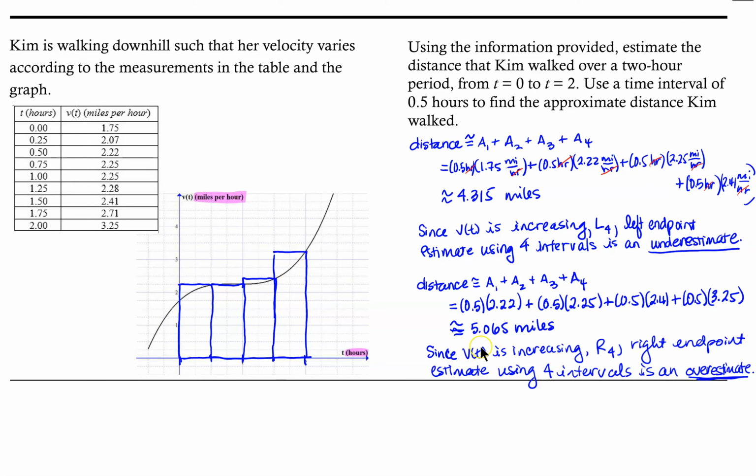That is, Kim did not actually walk 5.065 miles, but less. So what we do know is that the actual distance that Kim walked is less than 5.065 miles because that was an overestimate, and it's greater than 4.315 miles because that was an underestimate.